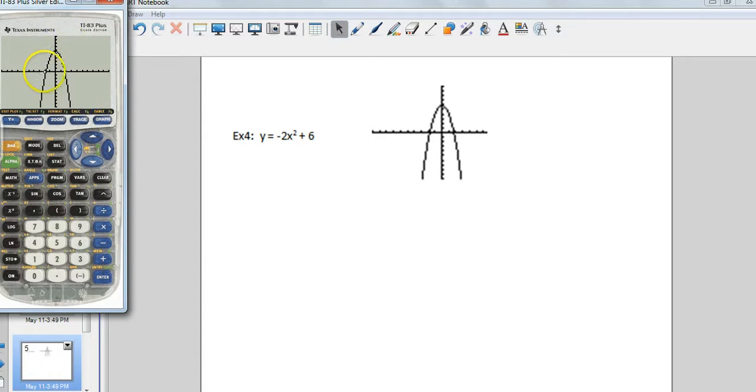I'm going to go ahead and find this left intercept first. So I'm going to pull up second trace, and then 0, and then drag my cursor a little bit to the left of him. Once I'm there, I'm going to hit enter, and then a little bit right. Once I'm there, hit enter, and then enter one last time, and this guy is negative 1.73.